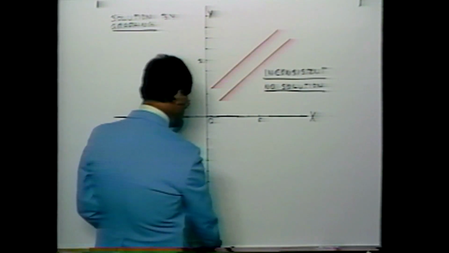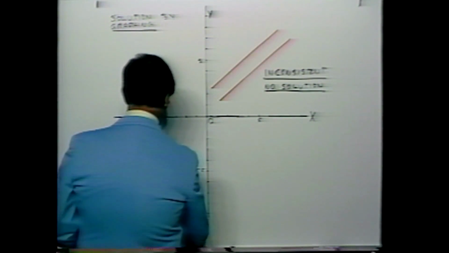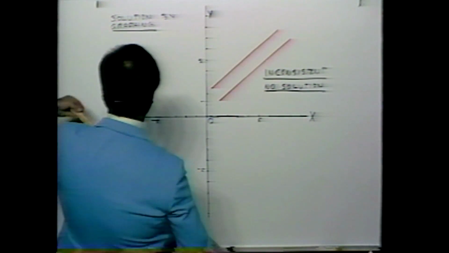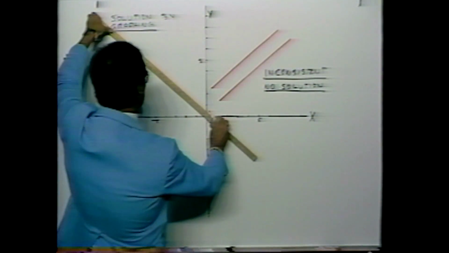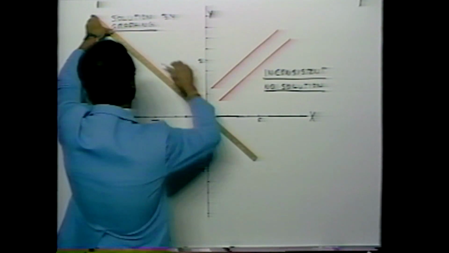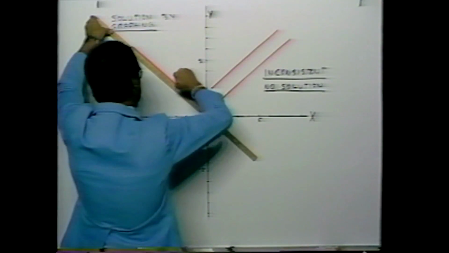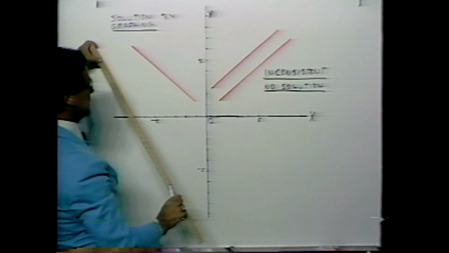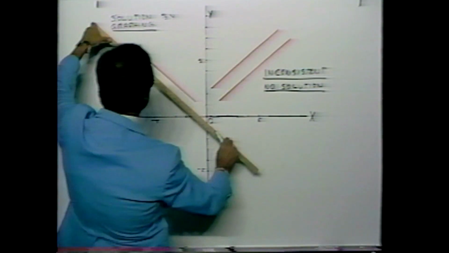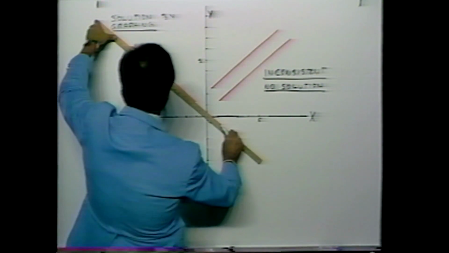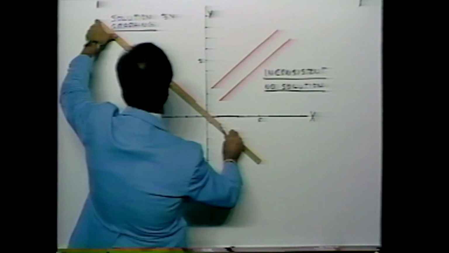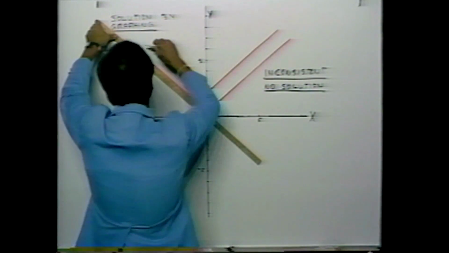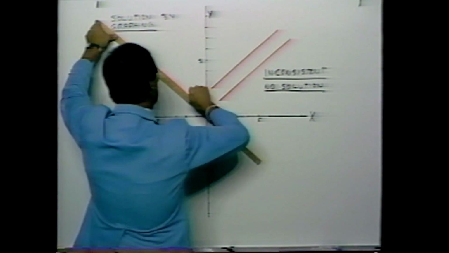On the other hand, if you have a pair of lines in the system where one equation produces a line such as that, and the second equation produces another line, but also in the same place.